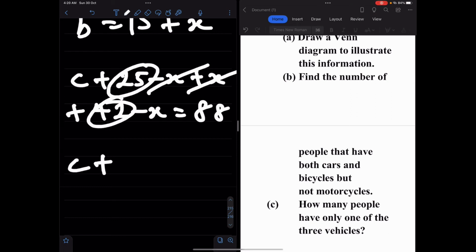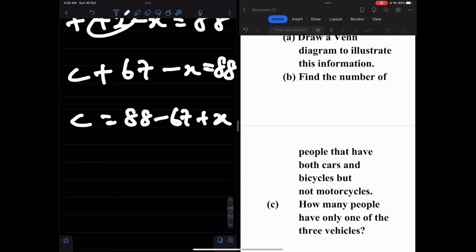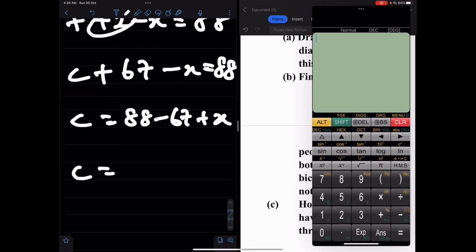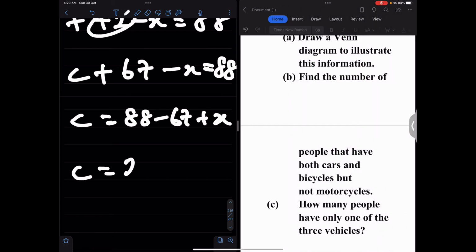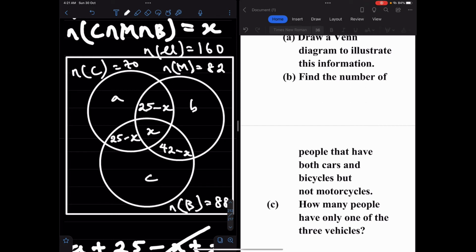So C plus 67 minus X equals 88, which means C equals 88 minus 67 plus X. I can just check that: 88 minus 67 is 21, plus X. Now we have found all of the parts inside the Venn diagram.